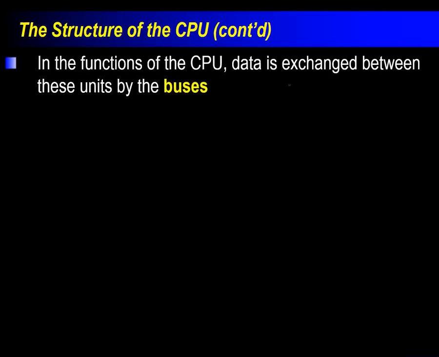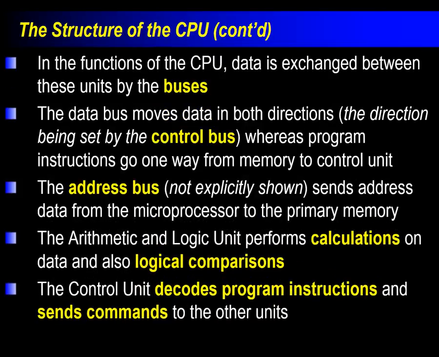A register is memory. Okay, think of it as you're registering, you're recording whether it's on or off. Register means memory. So the function of the CPU: data is exchanged between these units using buses. Data moves in a bus in both directions, back and forth, being set by the control unit. So there's a control bus.